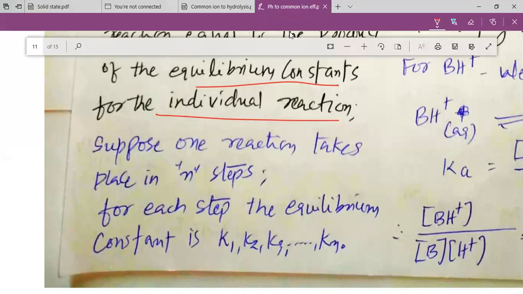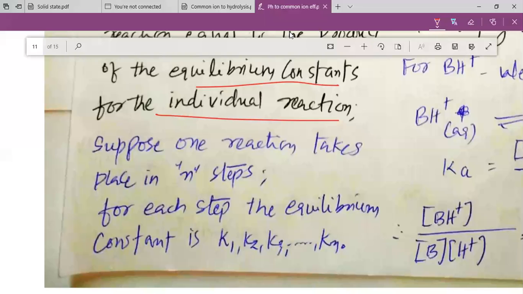Once again, when you add two equilibrium reactions and find out the net reaction, the equilibrium constant for the net reaction is actually the product of the equilibrium constants for reaction 1 and reaction 2. But suppose you add more than two reactions, then what happens?